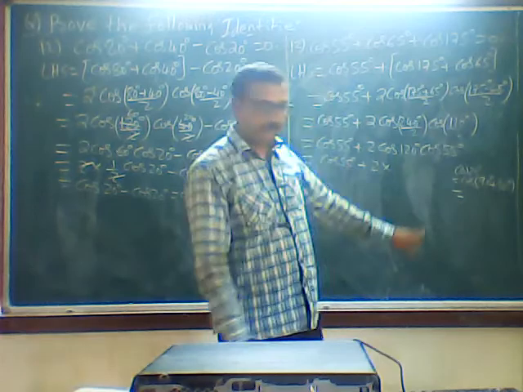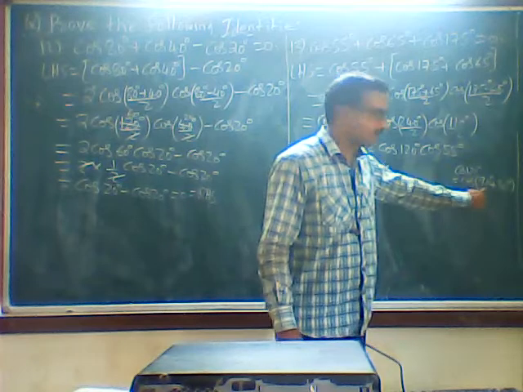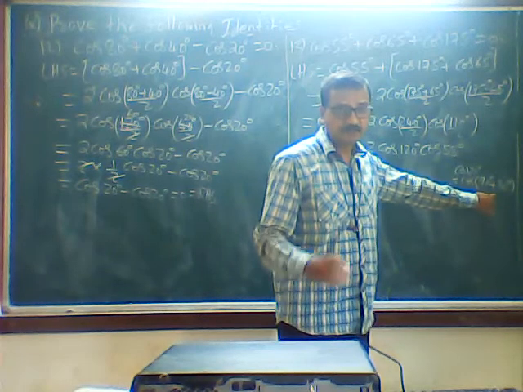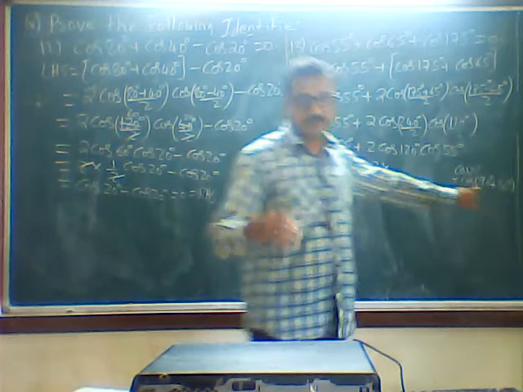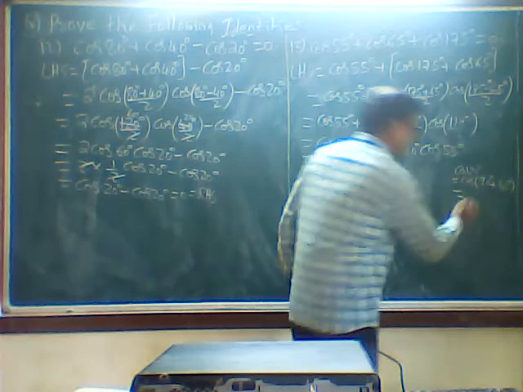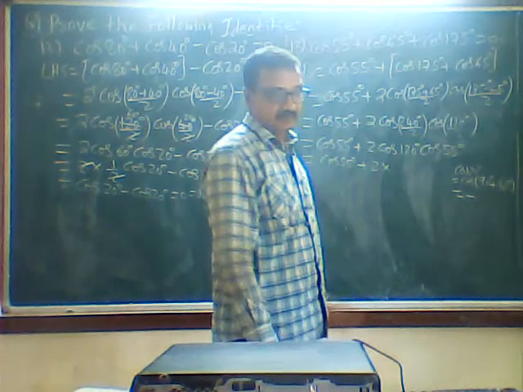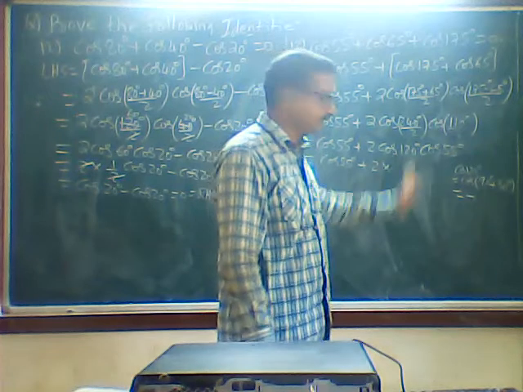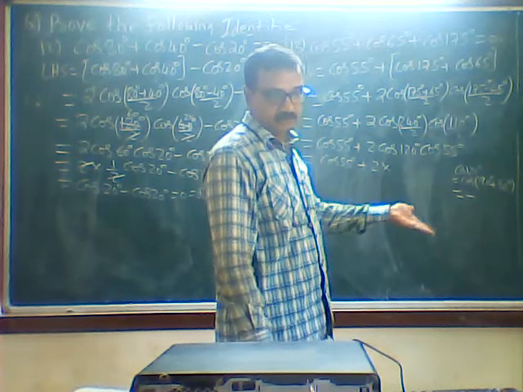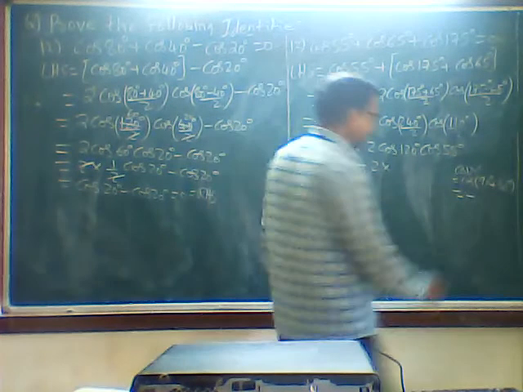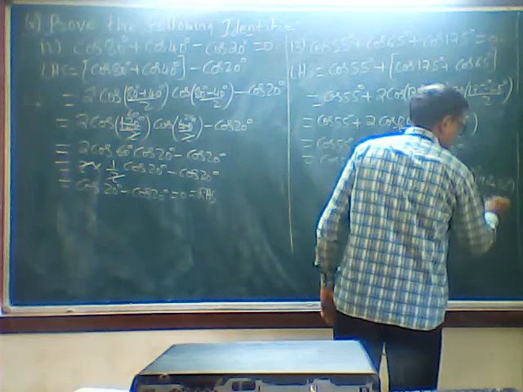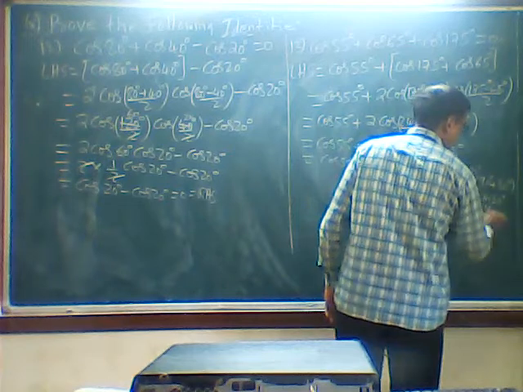See here, how to find out? 90 plus 30 means you are in the second quadrant, so the sign is minus. Cos is minus there. Then, since the angle lies on the y-axis, 90 degree, cos will change to the co-ratio, that is sin: minus sin 30 degree. What is sin 30 degree? Half. So minus half.